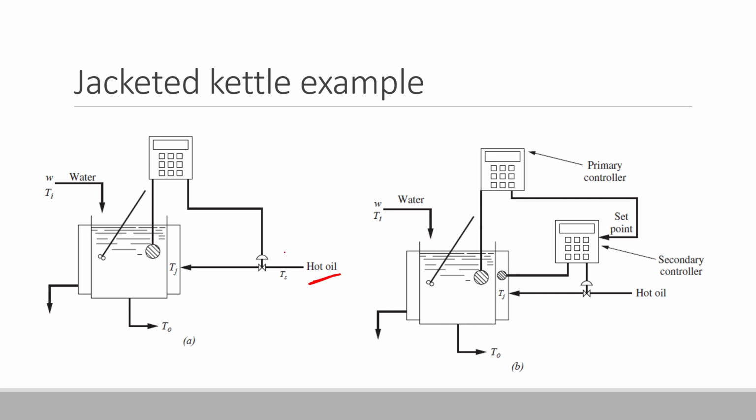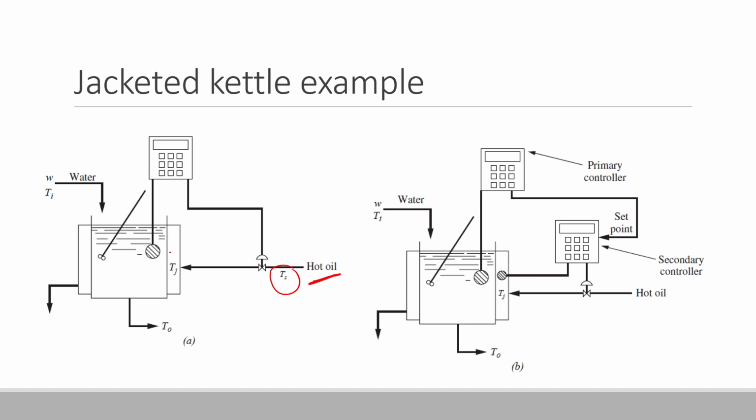So what we do is we can change the flow rate of this hot oil, which has this temperature Ts. If the flow rate of this hot oil increases, the heat within the system will increase.